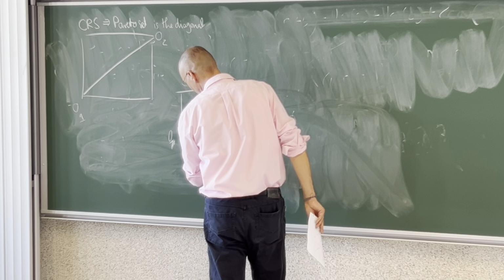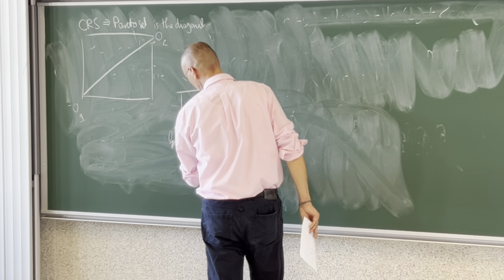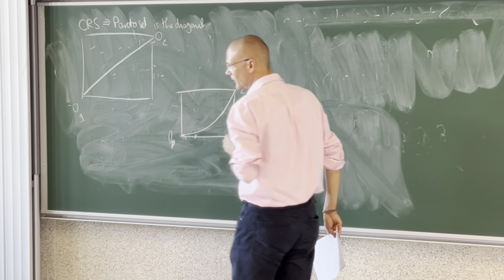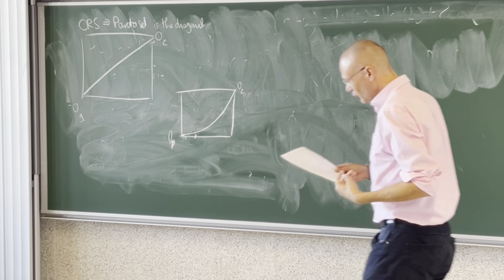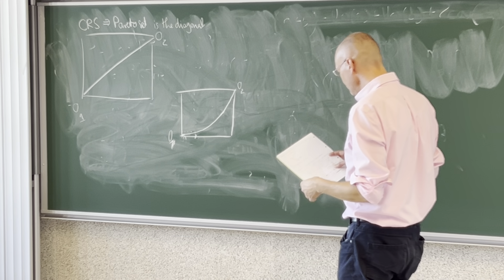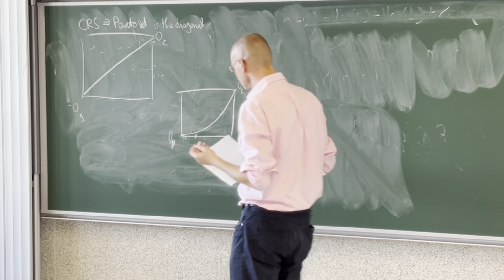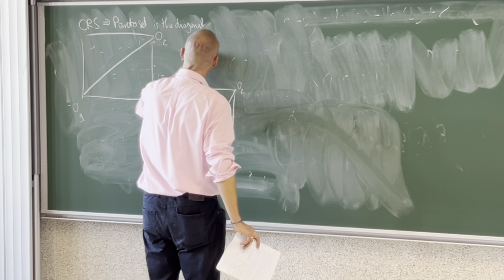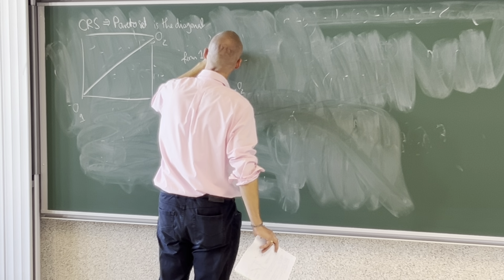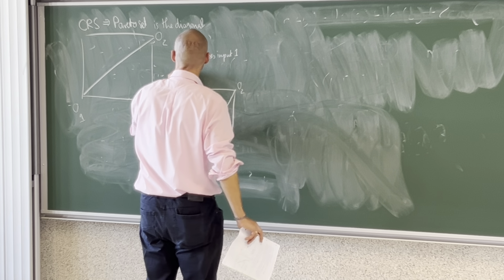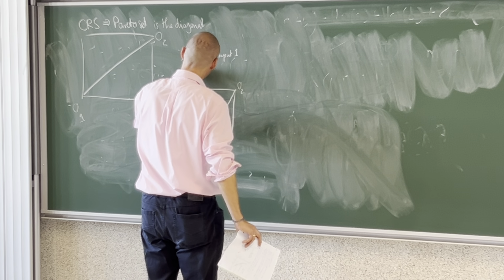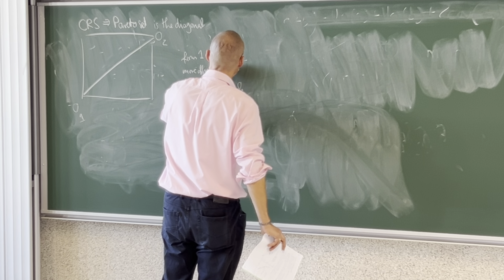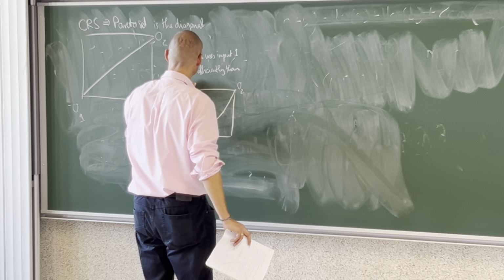Here, for example, firm 1 uses more of input 1 than of input 2, and firm 2 the other way around, more of input 2 than of input 1. So firm 1 uses input 1 more efficiently than firm 2.